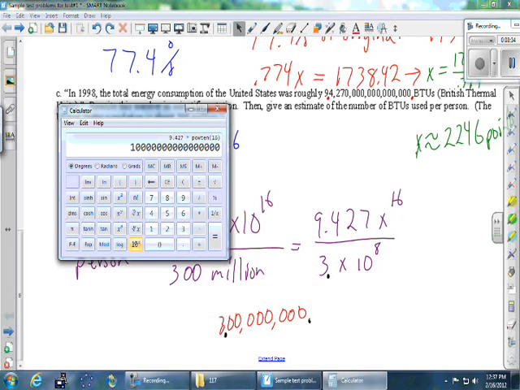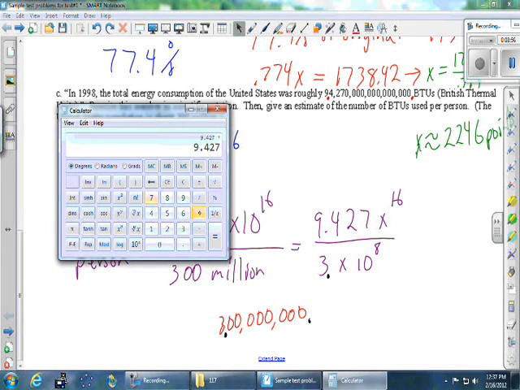And 9.427 times 10 to the 16 should be the big number that we saw at the start of the problem. And then we're supposed to divide by 3 times 10 to the 8th. So I do 3 times, and this is kind of funny, 10 to the 8th. Oh, I realize I've made a mistake. Let me try this again.